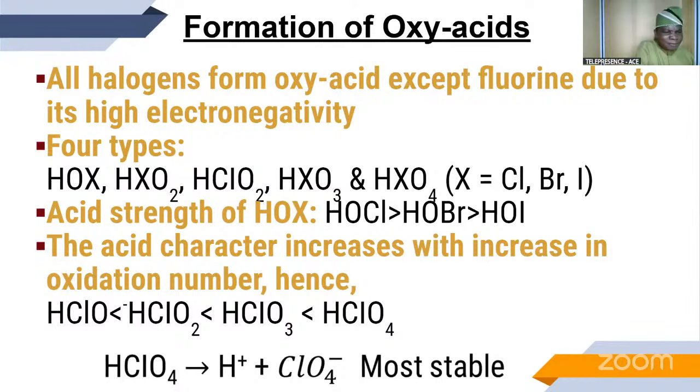Then there are four types of the halogen acid, where the oxidation number of the halogen is plus one, plus three, then plus five, then we have up to even plus seven. Okay, and these are for bromine and iodine.